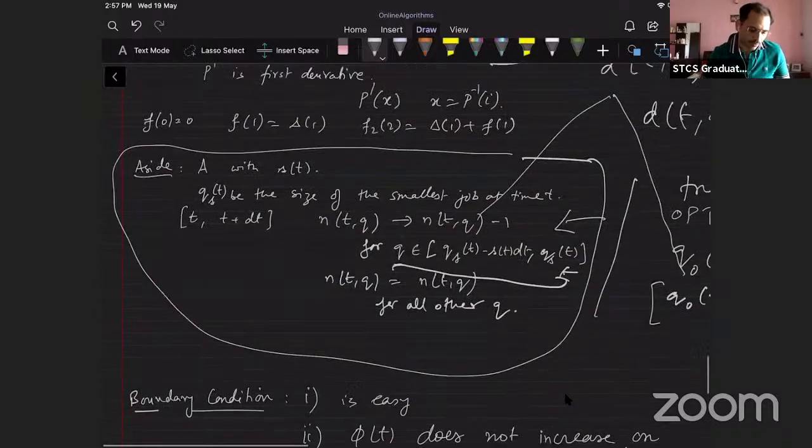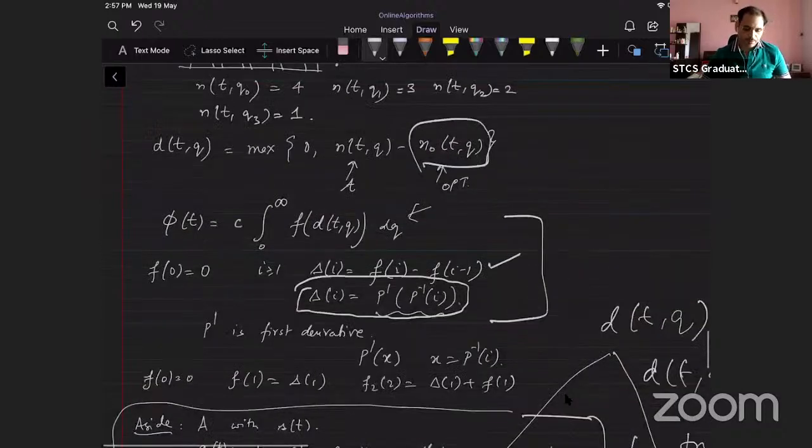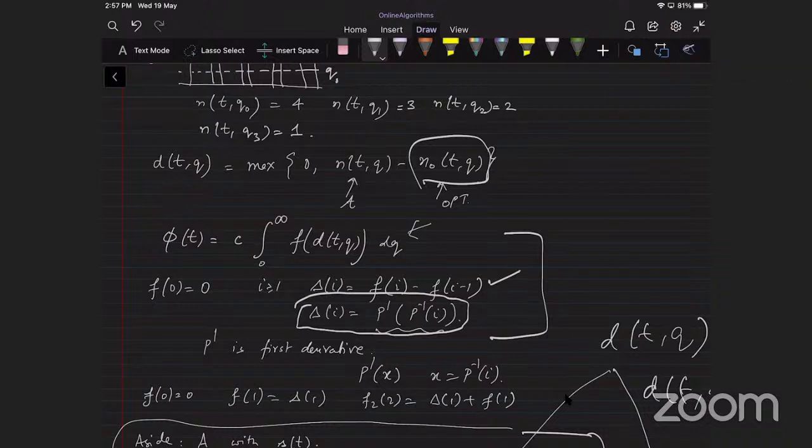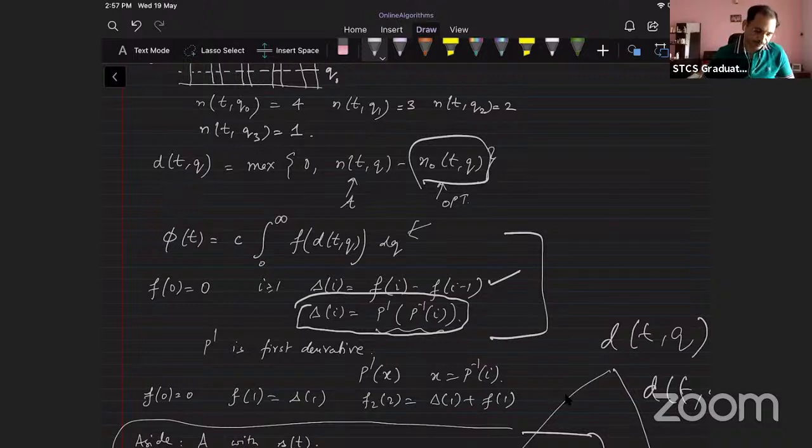Just look at it carefully. Phi of t is nothing but a function of n of tq minus n0 of tq. Now, when do n of tq and n0 of tq change discontinuously? Discontinuity with respect to time. See, f is a function, so that is not a problem. F is a continuous function. The only discontinuity will come if n of tq or n0 of tq change discontinuously. And when do they do that?